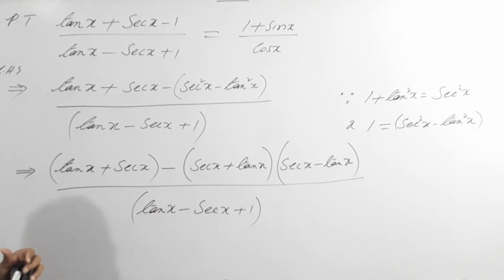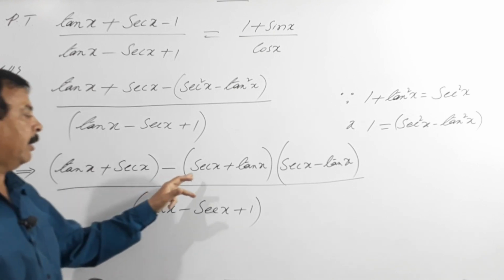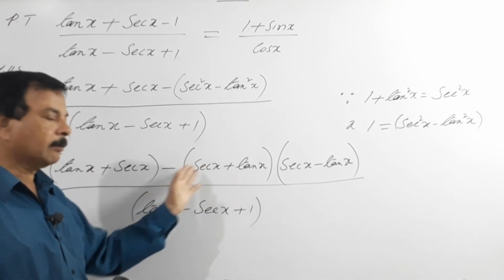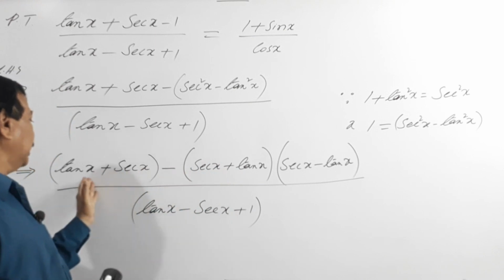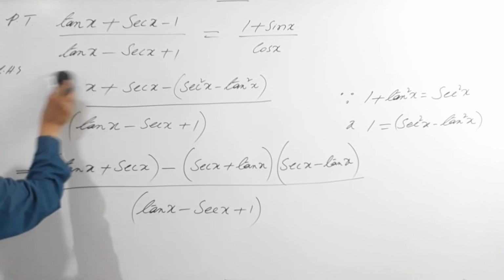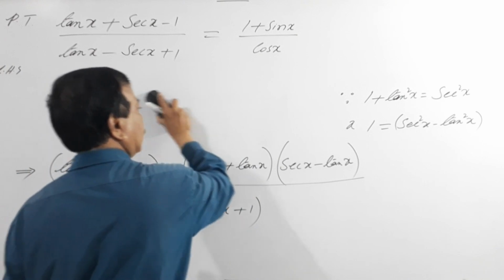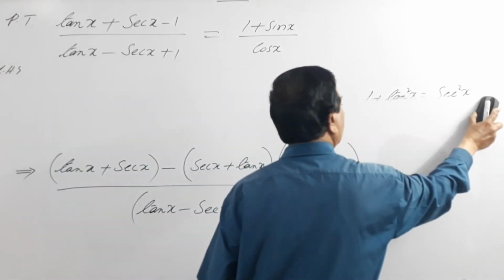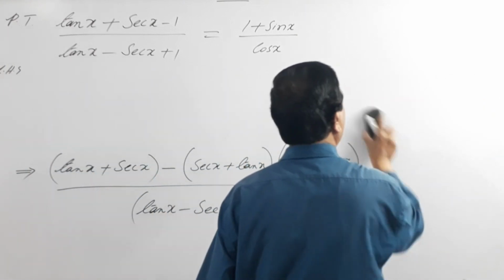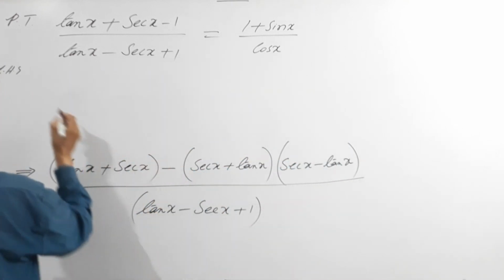So what I'll do, I'll take tan x plus secant x. Here also we have secant x plus tan x, nothing but tan x plus secant x itself. I'll take tan x plus secant x as common. So this is nothing but what?